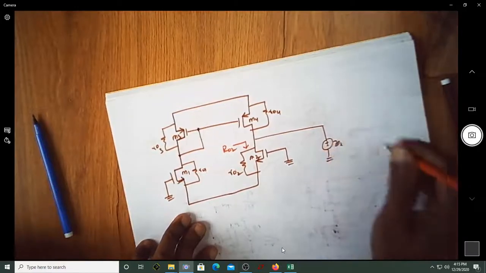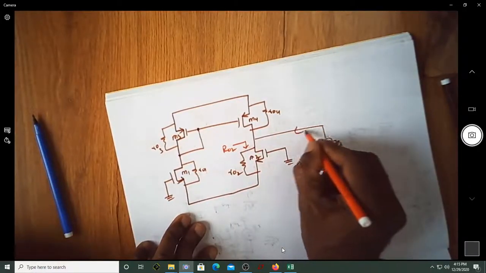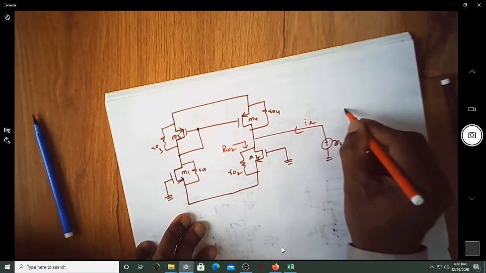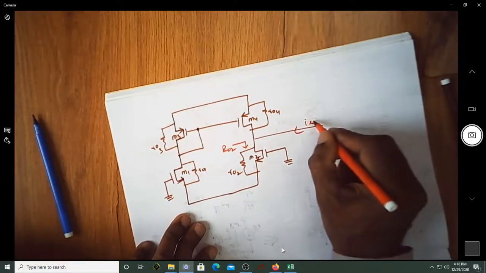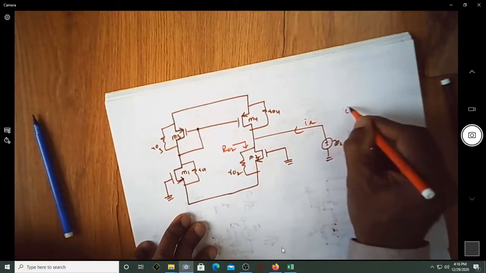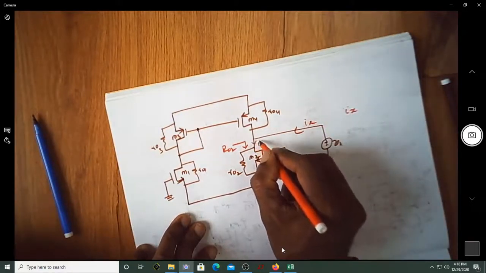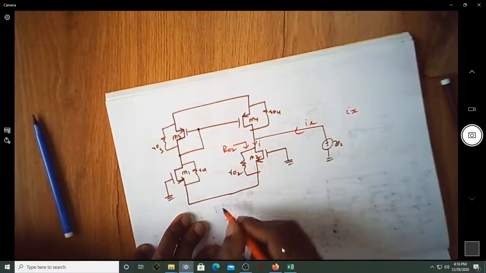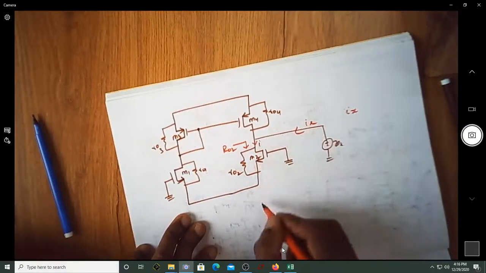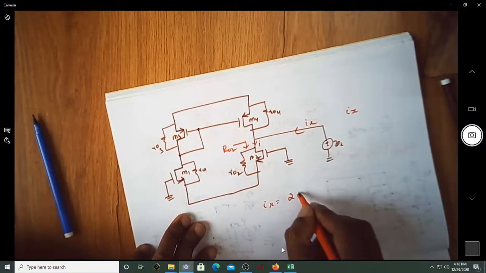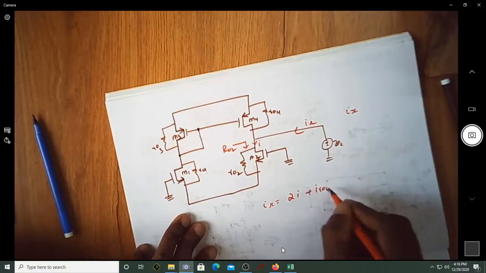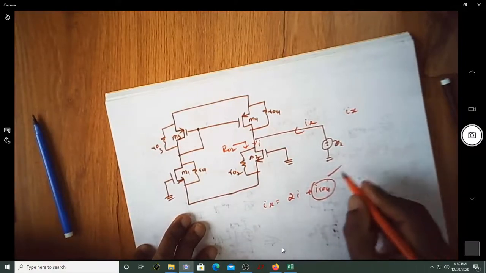Why we require R02 is that I am interested in knowing the value of I. Why should I know the value of I? Because Ix was given by 2 times I plus IR04. We were able to get the expression for IR04.